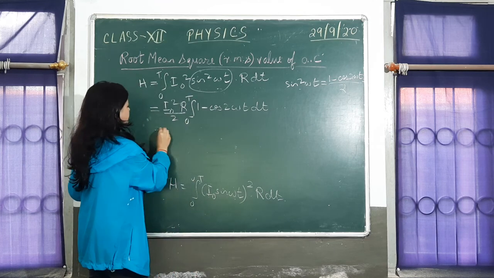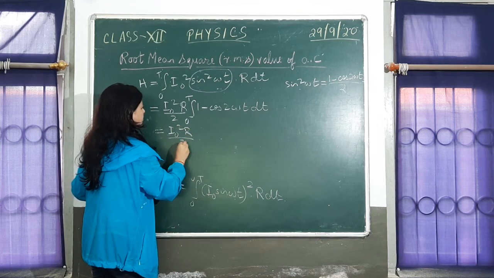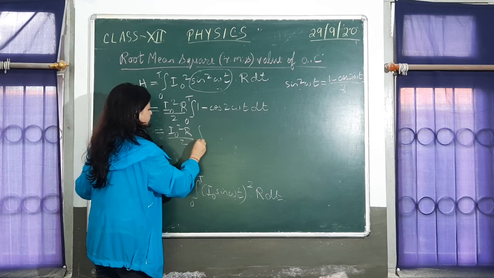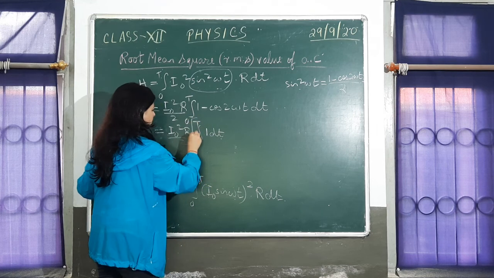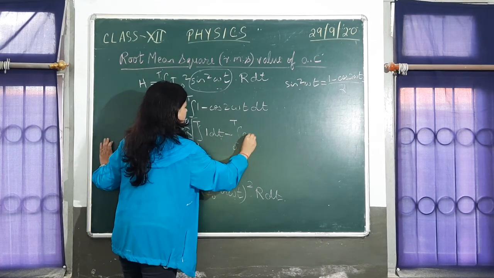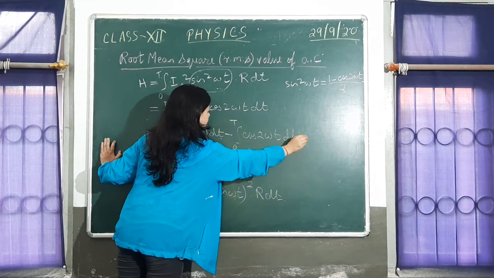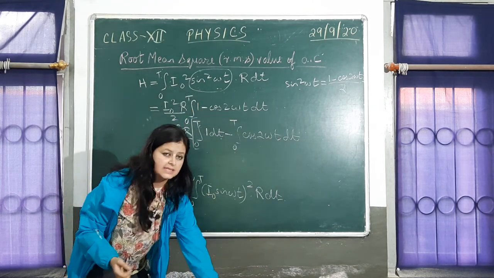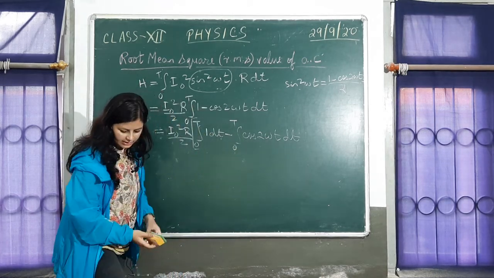Now we can use the distributive law: I naught square R by 2, integration 0 to T of 1 dt minus integration 0 to T of cos 2 omega t dt. Now one by one we can use the integration formula to find the integral value and then put the limits.